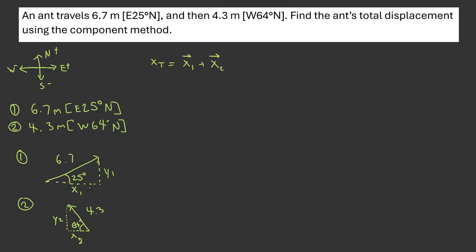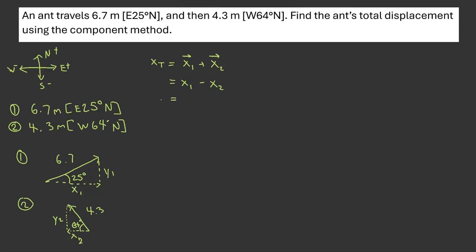Initially, my x is in the eastward direction, so my x1 is going to be positive, but with the second vector, I'm moving in the westward direction, so x2 will actually be negative. So this is how I can state my total displacement in the x.